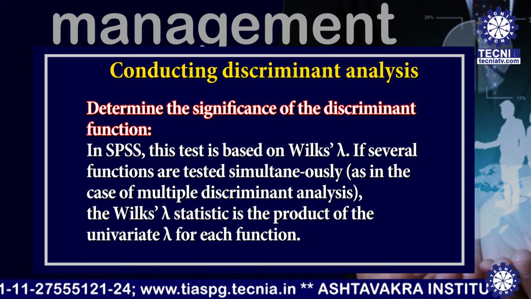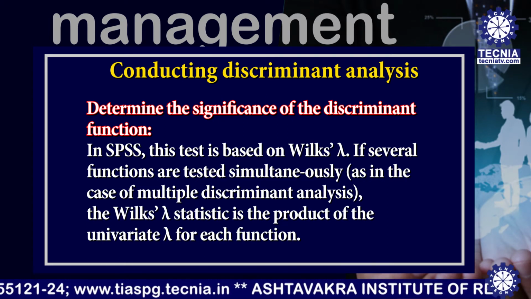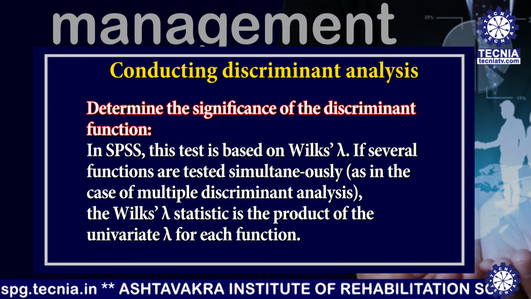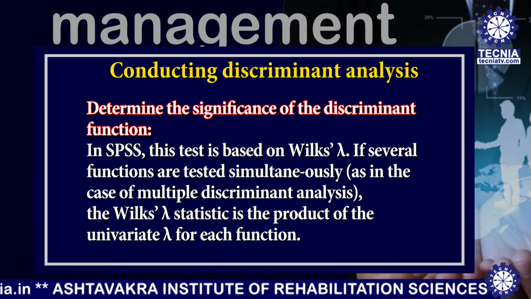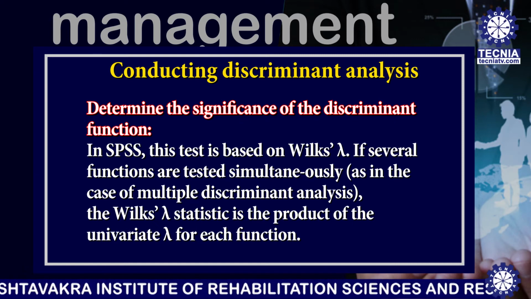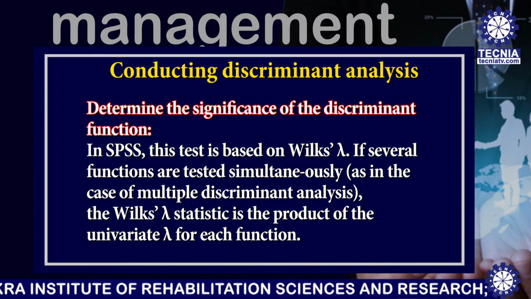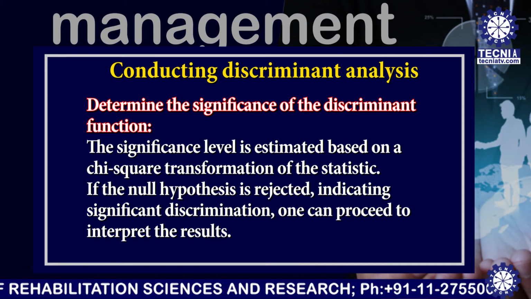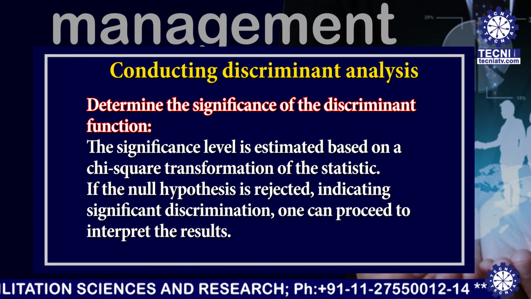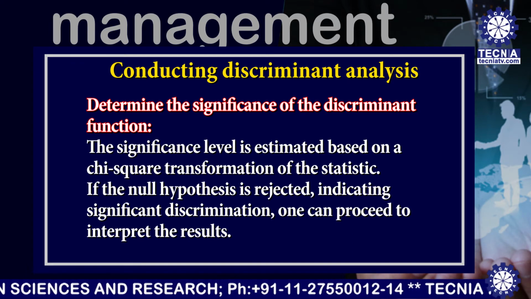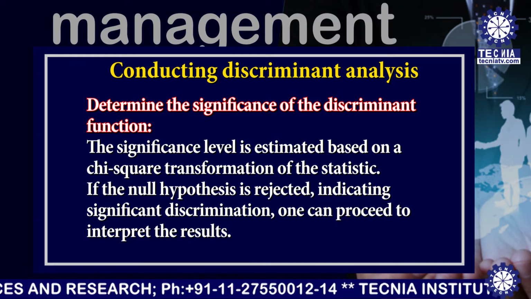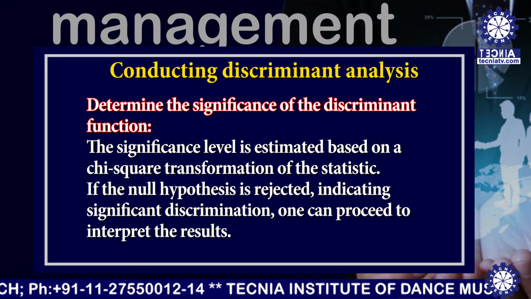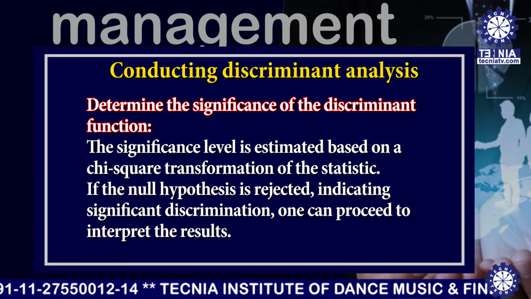If several functions are tested simultaneously, as in the case of multiple discriminant analysis, the Wilks' lambda statistic is the product of the univariate lambda for each function. The significance level is estimated based on a chi-square transformation of the statistic. If the null hypothesis is rejected, indicating significant discrimination, one can proceed to interpret the results.